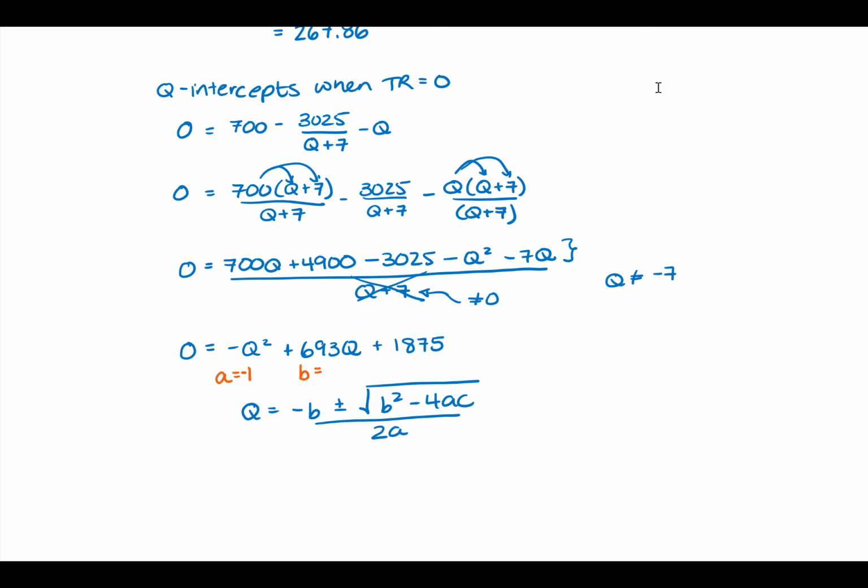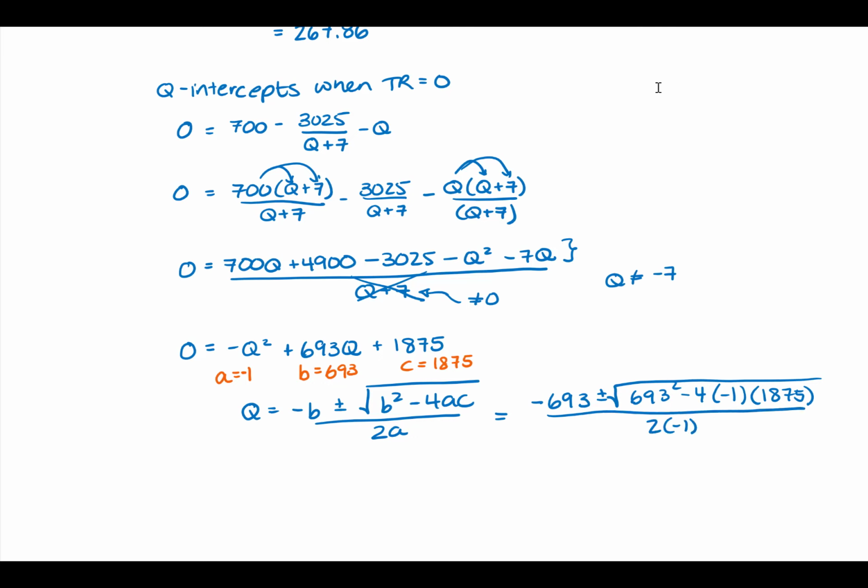My b term is my coefficient for Q, 693. And my c is my constant at the end, 1,875. Putting this all into my quadratic formula, I get negative 693 plus or minus the square root of 693 squared minus 4 times negative 1 times 1,875, over 2 times negative 1.